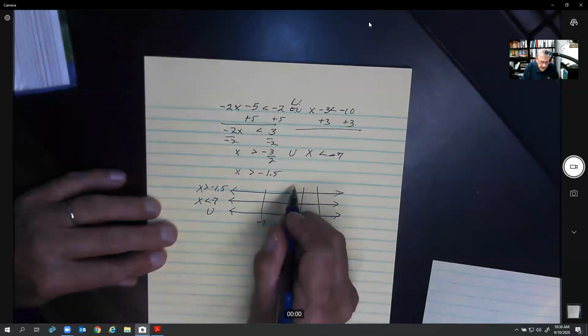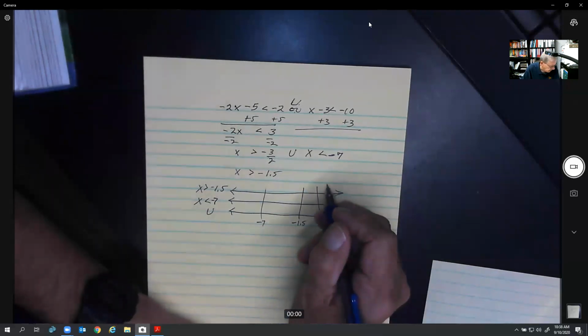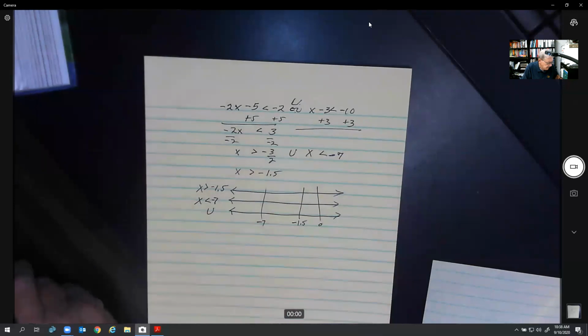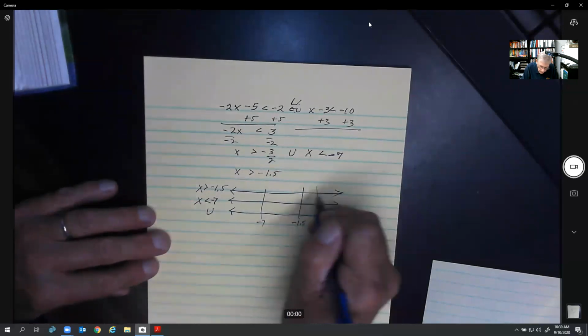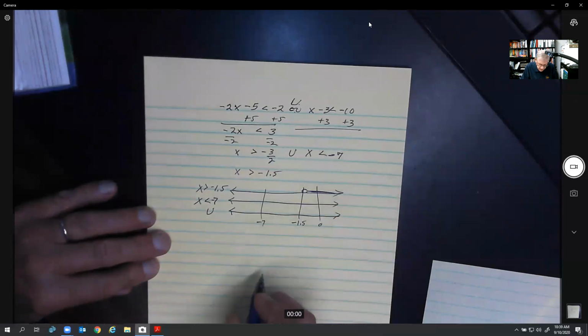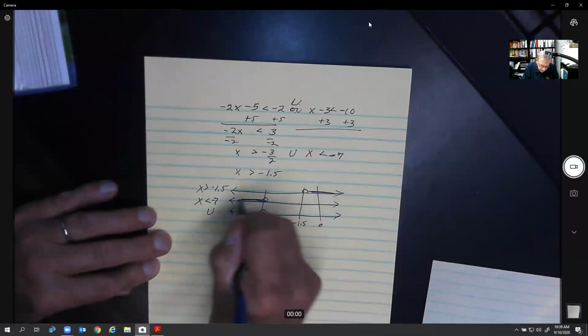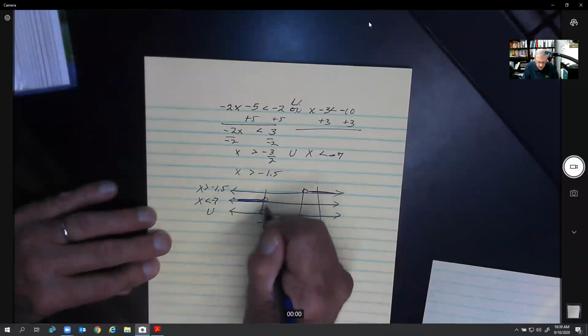Okay, so this says it's greater than 1.5, going this way. This one's saying it's less than negative 7, going this way. And then we're just going to project them all down.